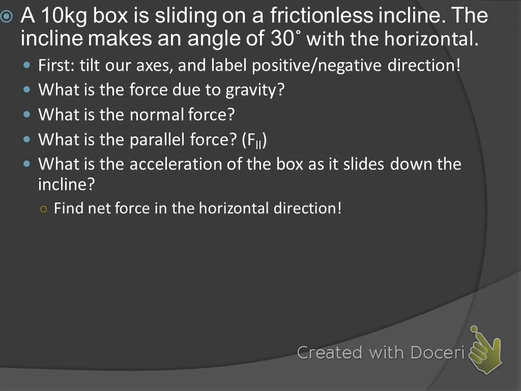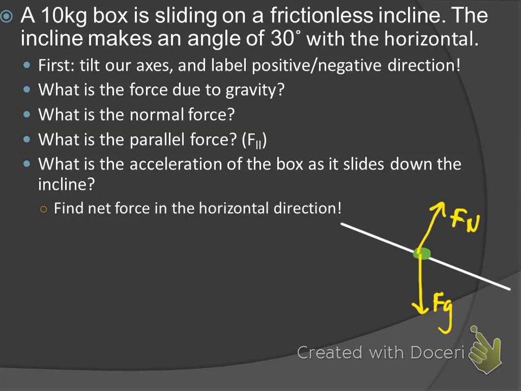So I'm going to go ahead and get my free body diagram drawn here. Here's my object. I've got a gravitational force. I've got a normal force. I don't have any applied force, nothing's pushing it down the incline, just going to have gravity be enough to do it here.